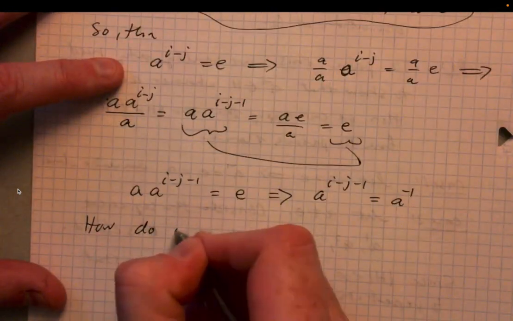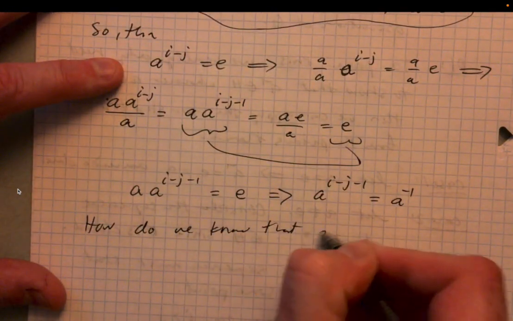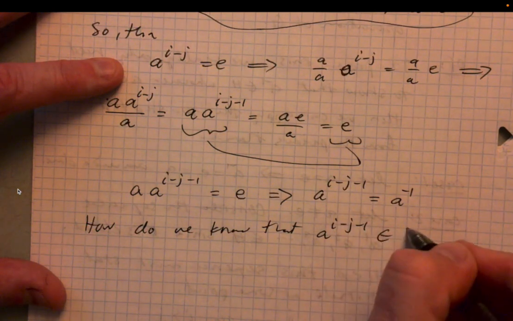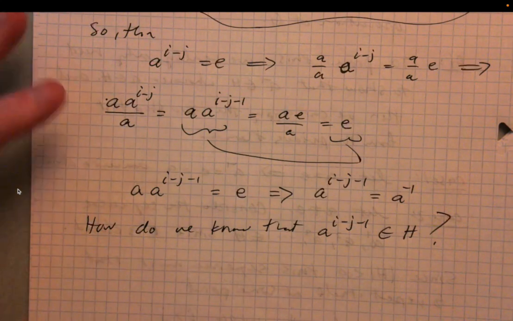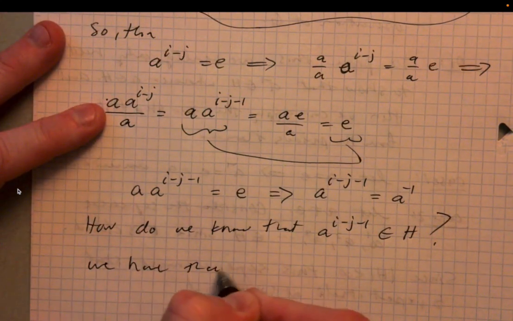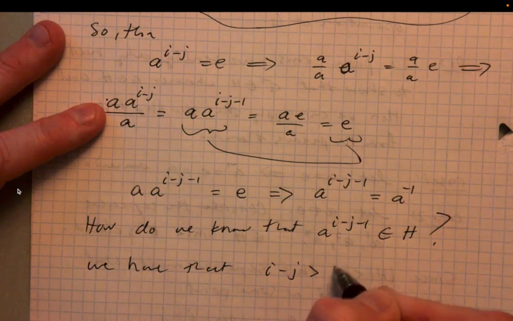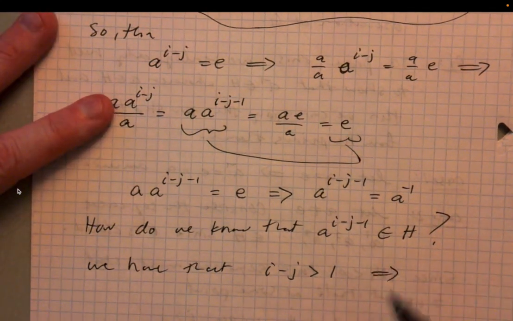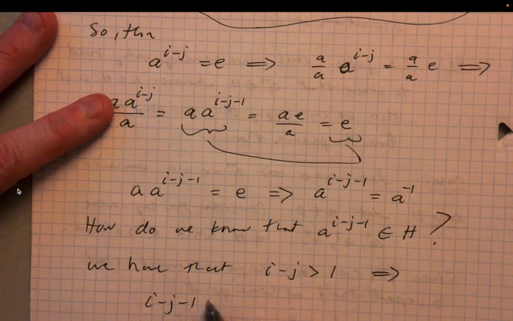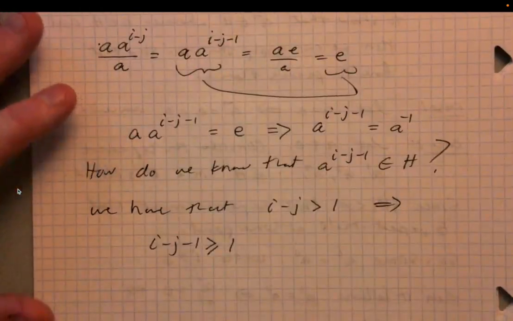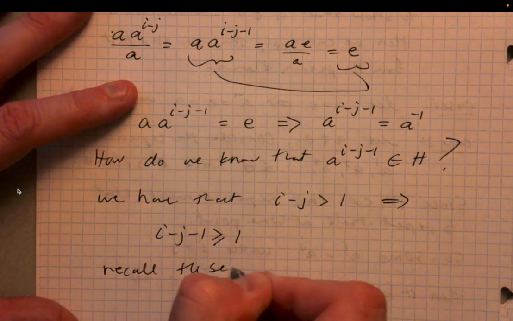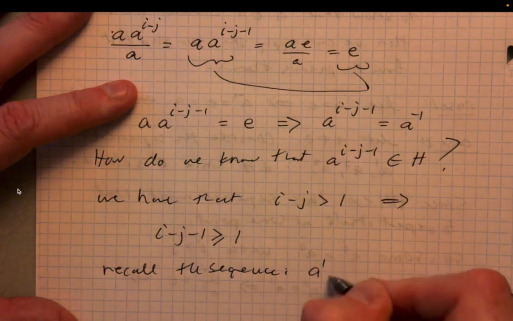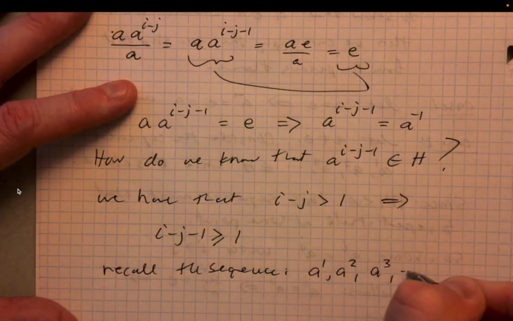How do we know that a to the i minus j minus 1 is in H? Well, we know that i minus j is greater than 1. That means i minus j minus 1 is greater than or equal to 1, right? Now remember that sequence we started with: a to the first, a squared, a cubed, and so on.